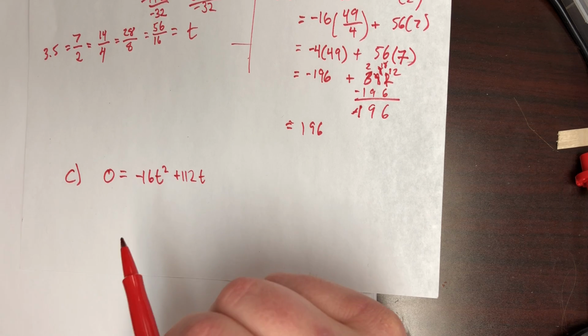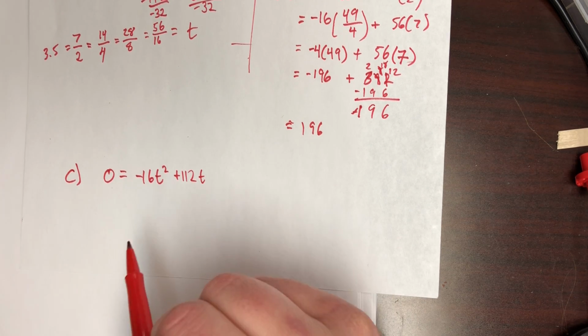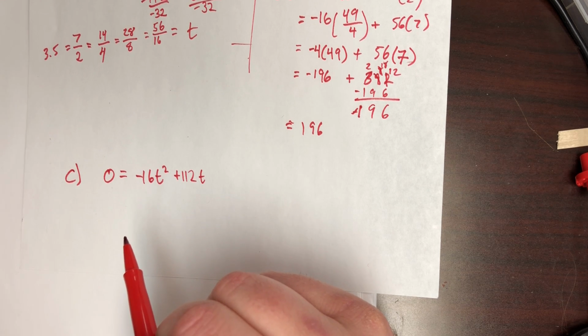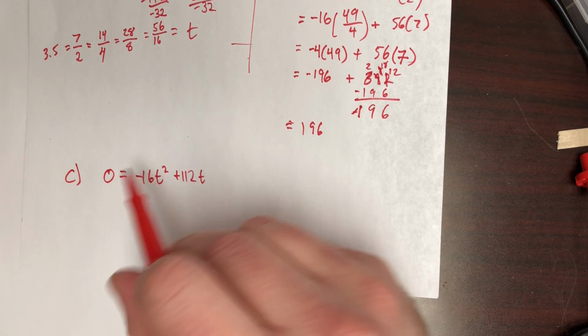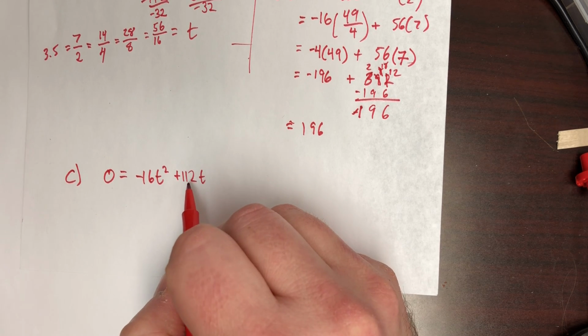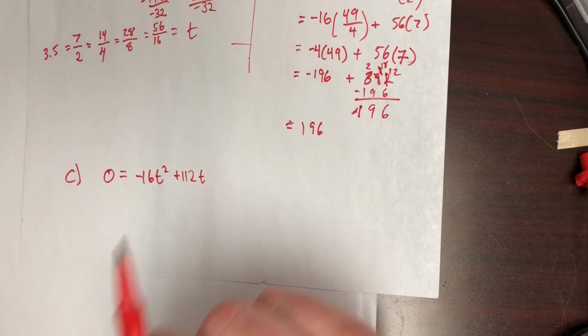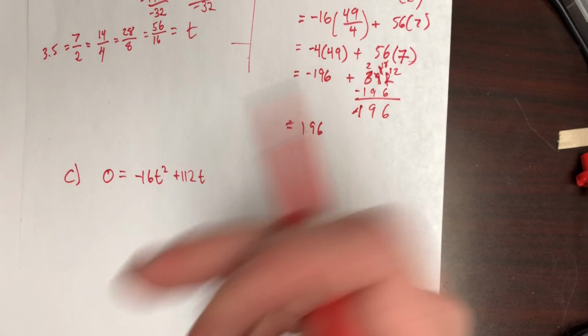And I'm doing that because I'm trying to find the speed when the ball hits the ground. So I'll just find speed after I find out what time it is. So here's the thing. Some people are going to want to subtract the 112t from both sides. That's not how we do this. If you know how to solve this, don't let me solve it for you. Solve it your own way, and then see how differently we do it.